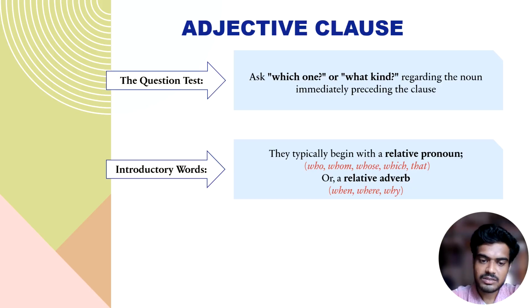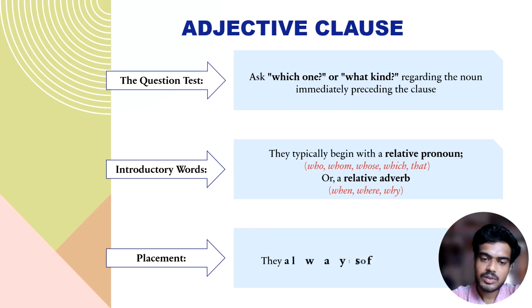If we see these words like who, whom, whose, which, that, or a relative adverb like when, where, why, we can easily identify them as adjective clause. And we have the placement test also. The adjective clause always follows the noun.